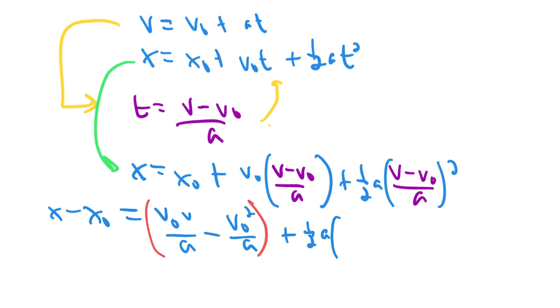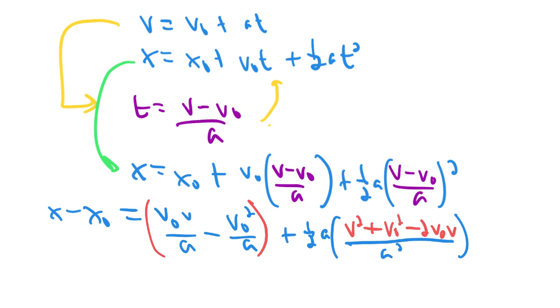And then in here, we'll have an a squared on the bottom when we square it. That's easy enough. On the top, we'll have v minus v0 squared. So we get v squared plus v0 squared minus 2 times their product, from the a minus b squared kind of thing.